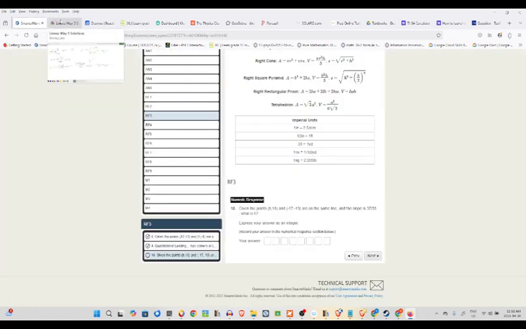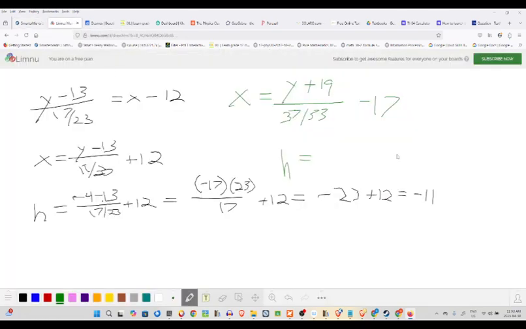So then h, that's when y is 18. So 18 plus 19 over 37 over 33 minus 17. That's a 37 up here over the 37 over 33 minus 17.